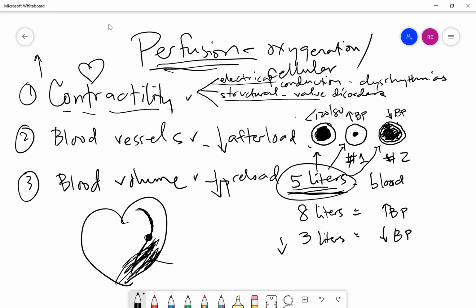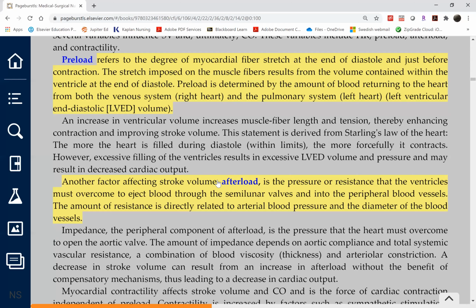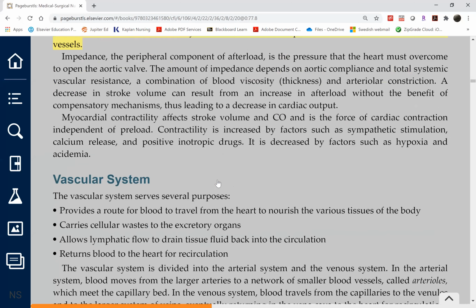In order to do so, we will have to decrease afterload and decrease preload for the rest of this patient's life. Is that clear? Yeah. All right, so let's go back to the textbook. We're clear with preload, afterload. One last thing.